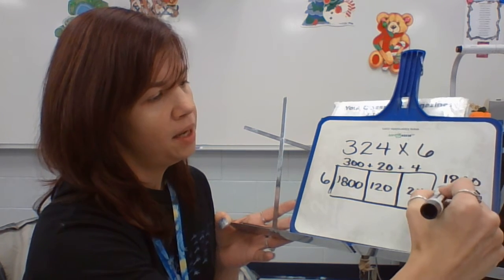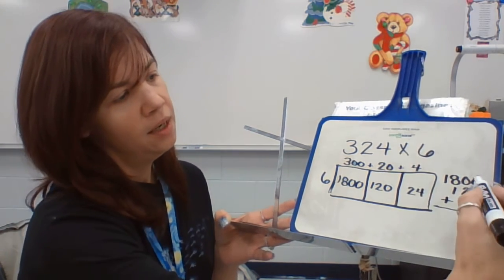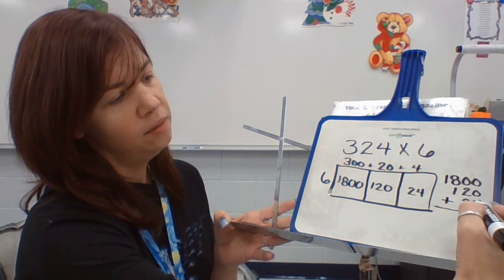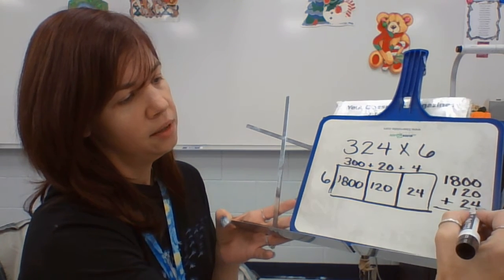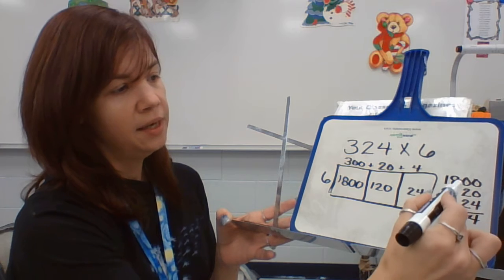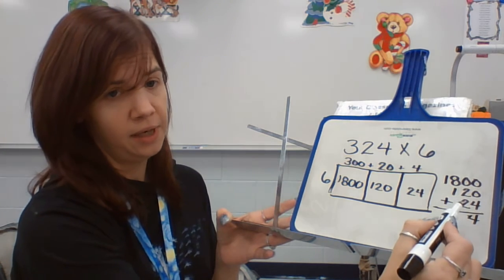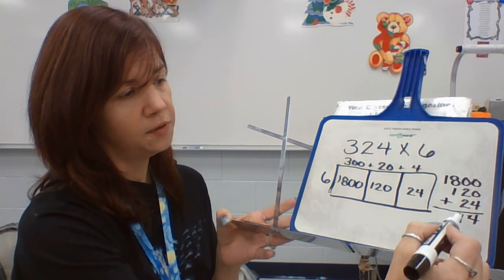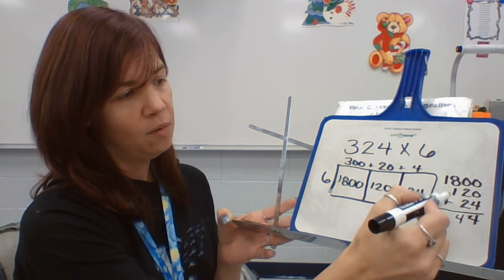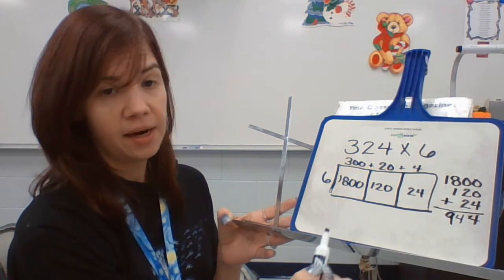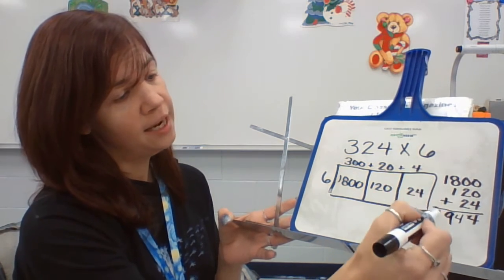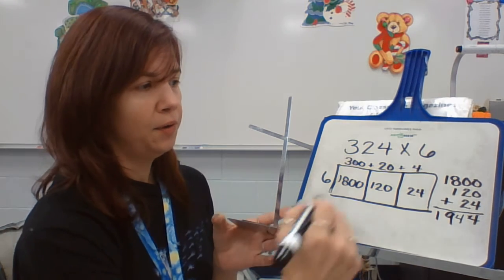So I add them up like that, line them up. 0 plus 0 plus 4 gives me 4. 0 plus 2 is 2, and then adding another 2 gives me another 4. 8 and 1 leaves me with a 9. And there's nothing to add to the 1, so I just bring it straight down.